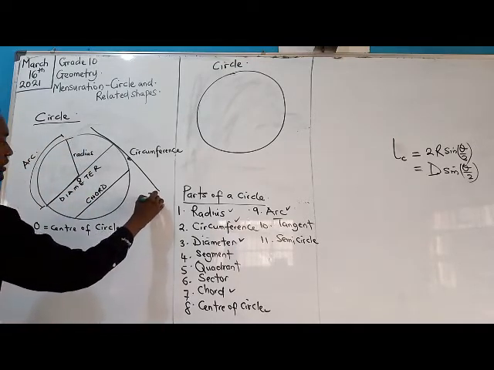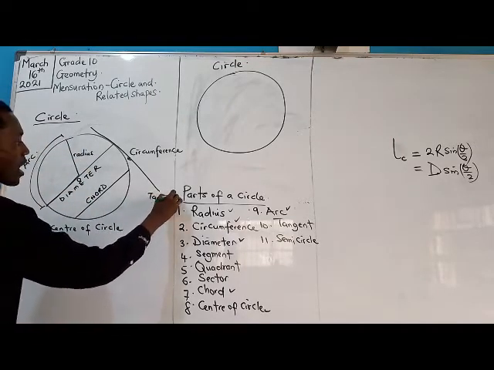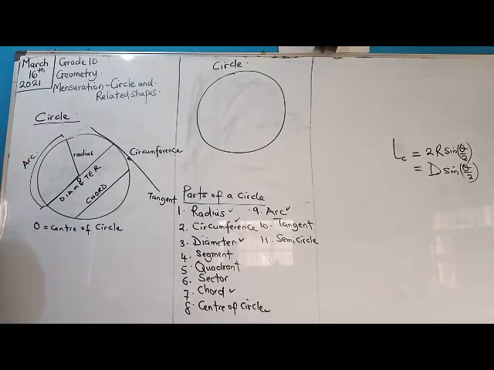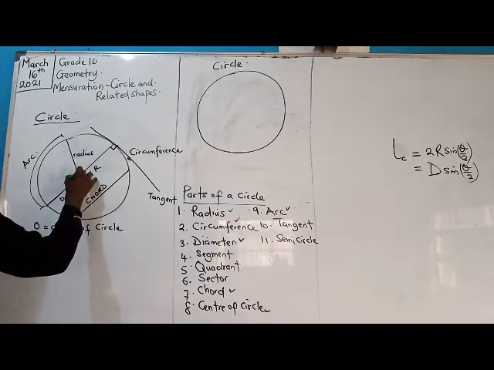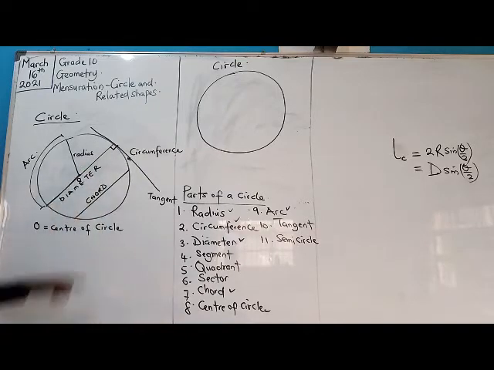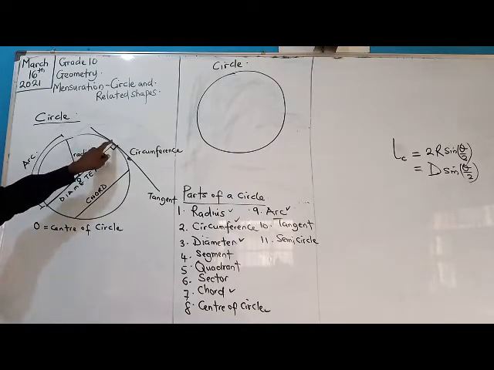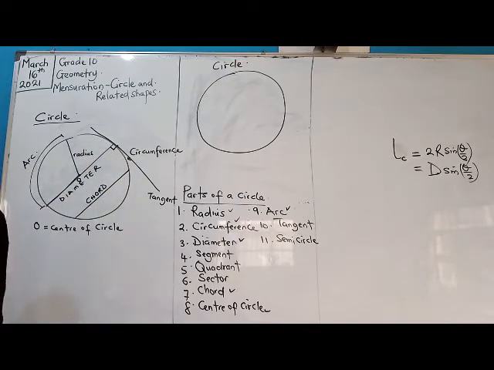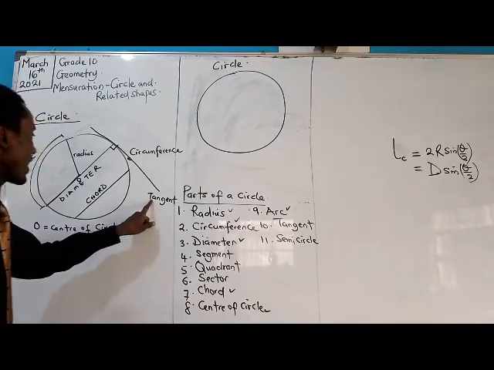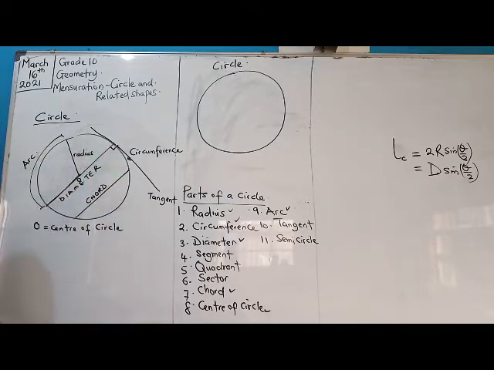So this is what is called a tangent. And what a tangent essentially does is that it forms 90 degrees with the radius of the circle. So from this radius to this tangent, the angle here must be what? 90 degrees. So this is tangent, this is radius. So we're taking care of that.